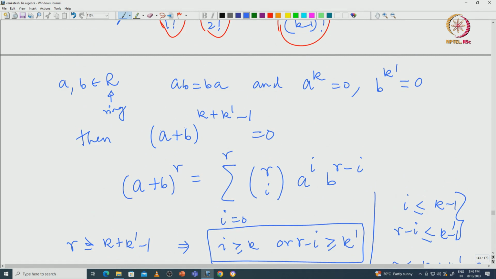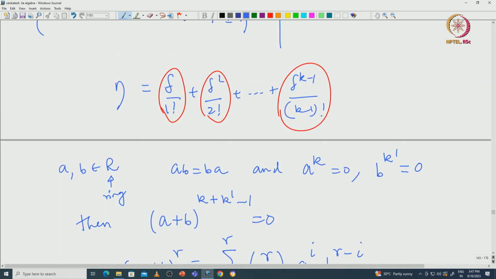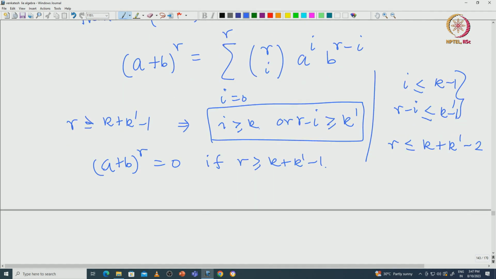Now I have done it for 2 elements. It is not hard to generalize this for any number of elements, all of them commuting and all of them nilpotent. Since delta is nilpotent, any power of delta will be nilpotent and powers of delta will commute with each other, that will imply eta will be nilpotent.